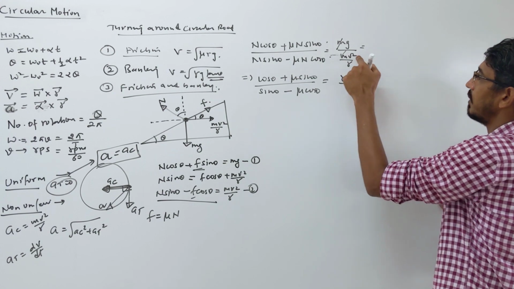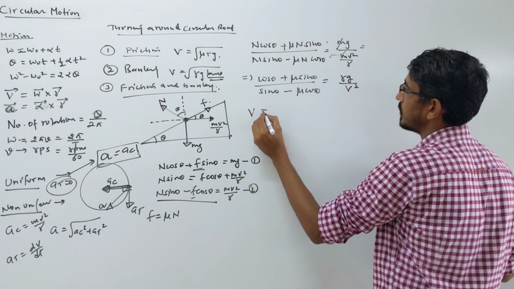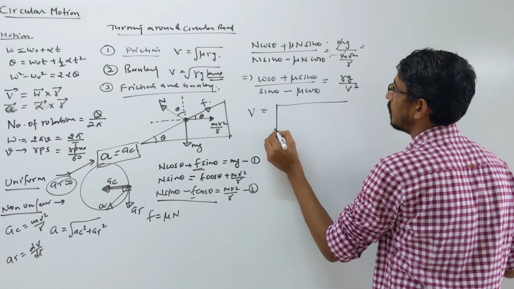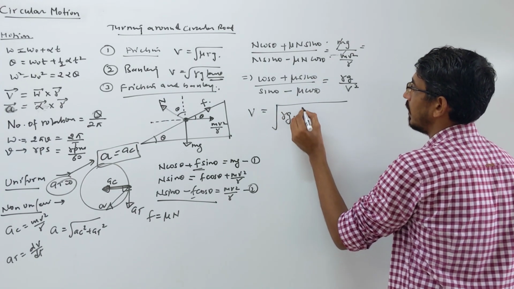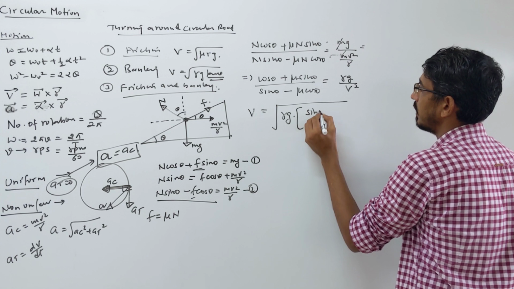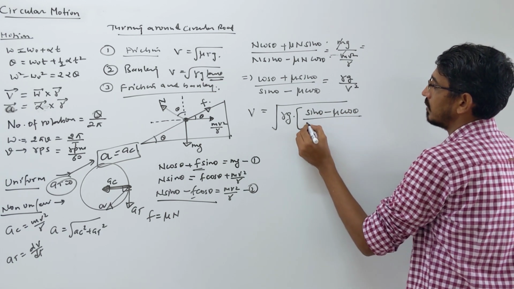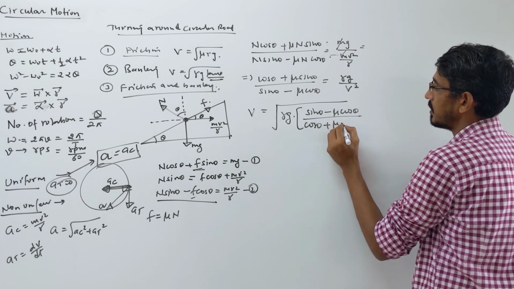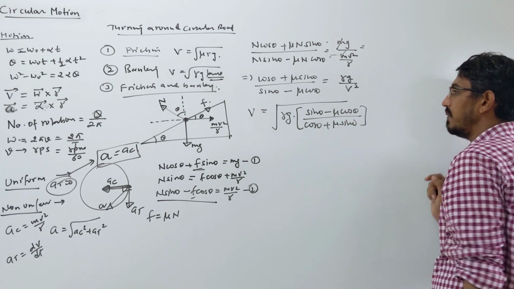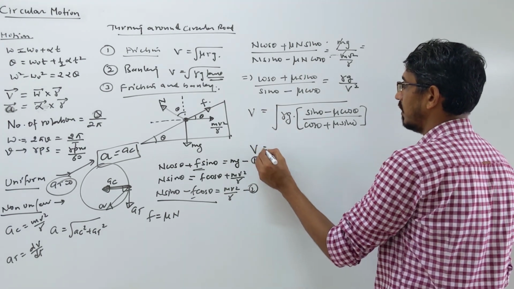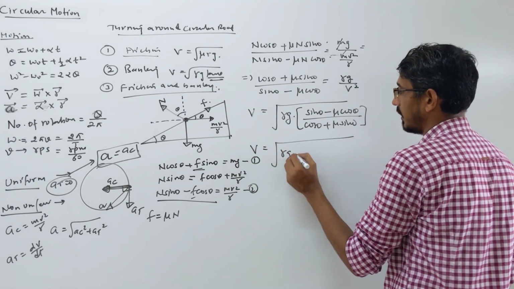So the answer is coming as v equals root of rg into sin theta minus mu cos theta upon cos theta plus mu sin theta.